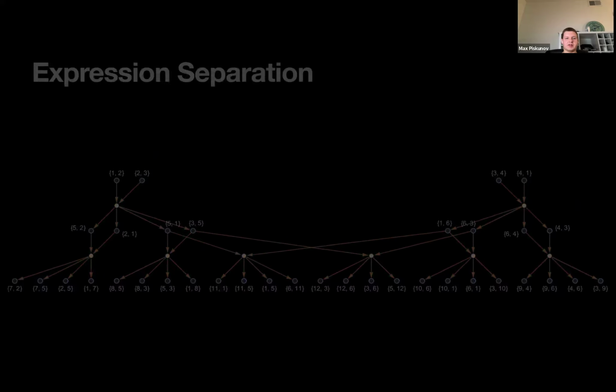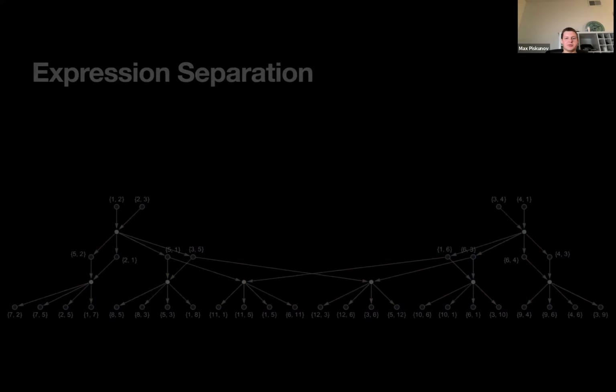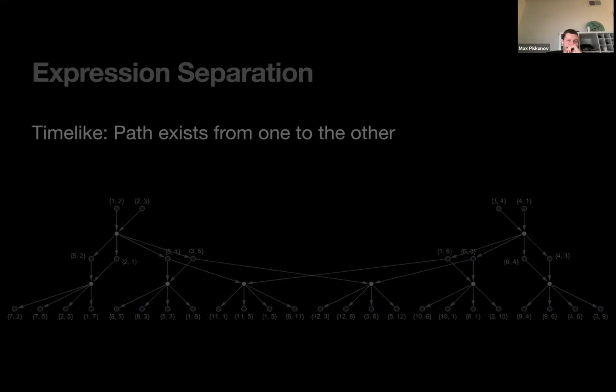To be able to actually generate the evolution of the entire multiway system, it's important to understand which of the expressions can be matched and which of the expressions can be in the input of a single event. And so to understand how to do that, we need to understand the expression separation.